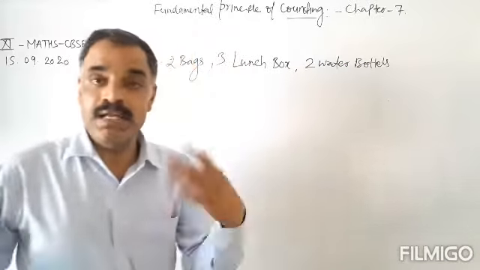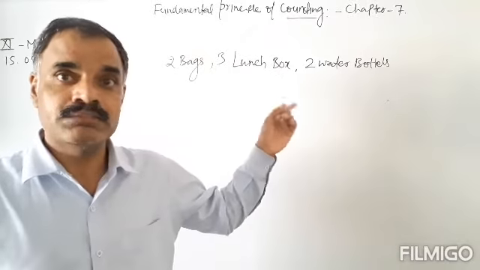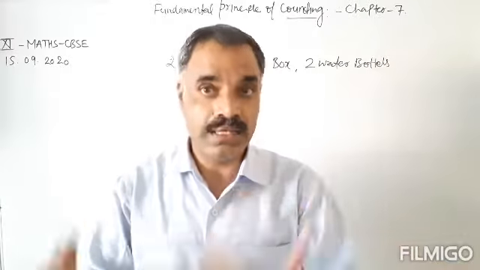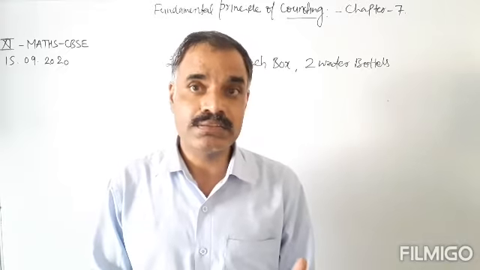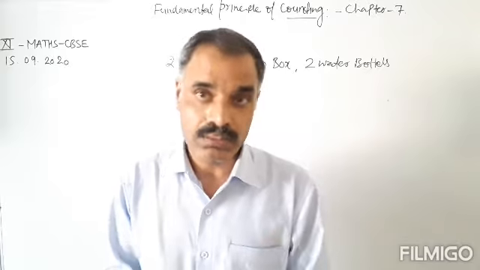So how many triplets of choices of bag, lunch box and bottle does she have? We will find this first by arranging, and after that by the principle of counting.